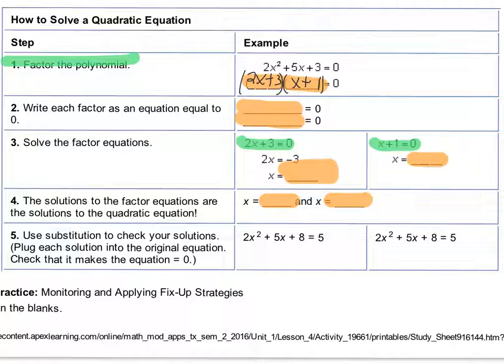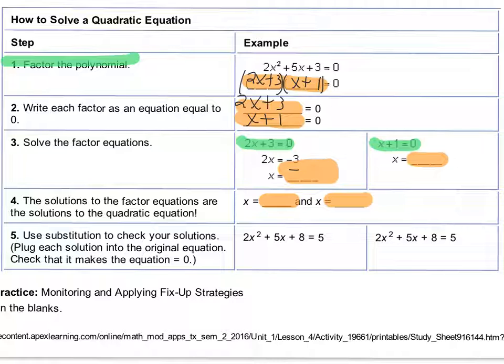All right, so when we write each factor as an equation equal to 0, we're going to have 2x plus 3 equals 0 and x plus 1 equals 0. And solving for x, we move the 3 over by subtraction, and then the last step is to divide by 2.